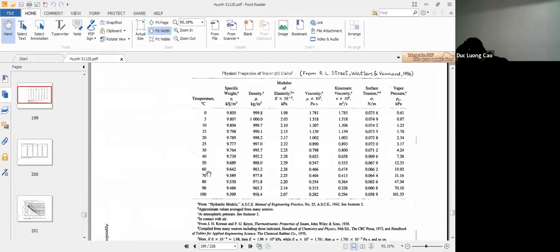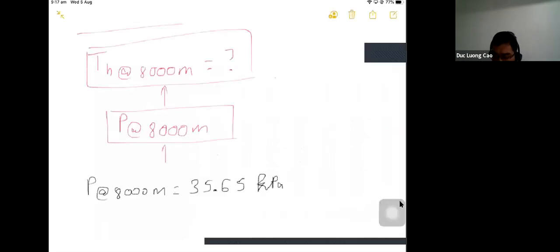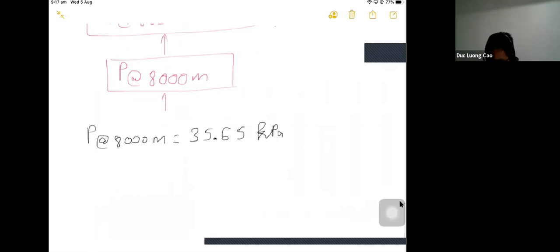We have the table here. At 70 Celsius, you have the temperature and the vapor pressure PV, and vapor pressure at 70 is 31.16.